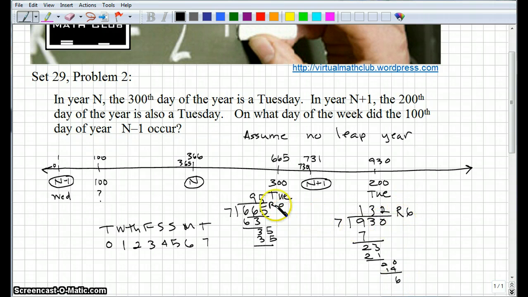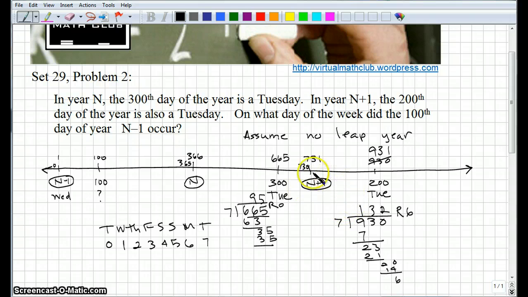So that's an issue, because here it was a Tuesday and we got a remainder of 0. And here it's a Tuesday, we're told it's a Tuesday, but we get a remainder of 6. So there's an inconsistency here. If this was 931, then we'd get a remainder of 0, right? So it would make more sense if this was 931, okay?